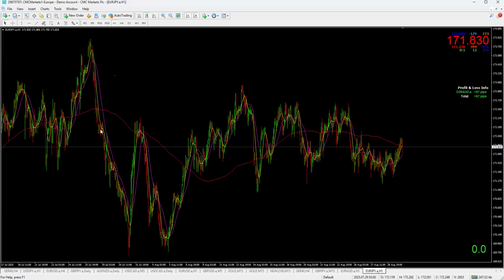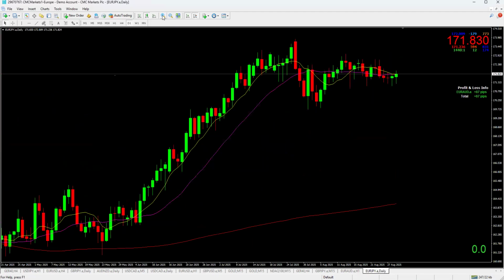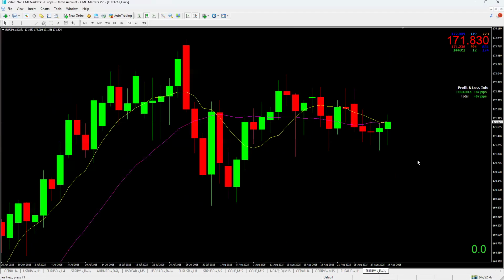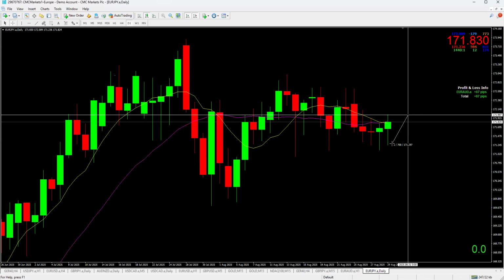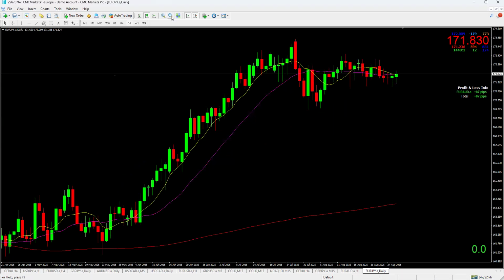Euro JPY. Okay. Let's go to the higher time frame. This is the daily time frame. Friday, it did about 70 something pips. The reason I'm hesitating with this is, obviously I would have wanted it to be a pair that is trending.